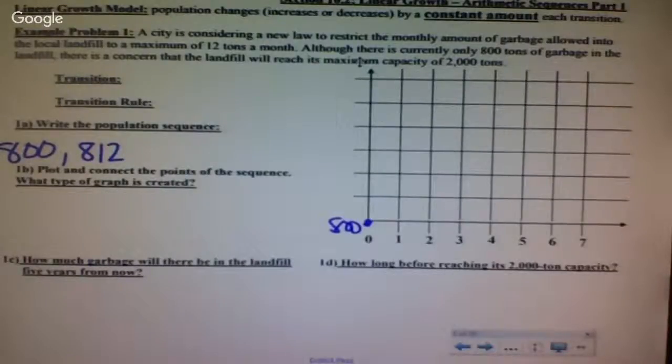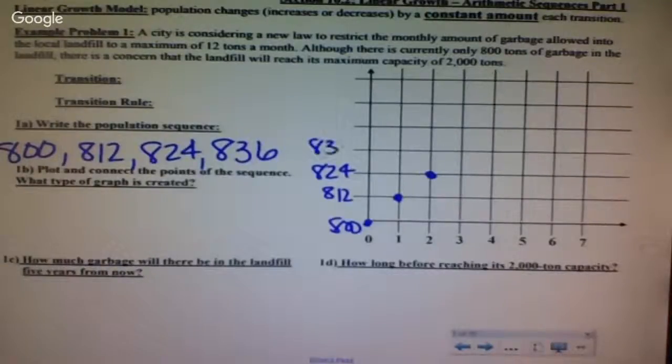So after a month, we're now up to 812. The next month, 824. Then 836. Okay, so if I were to draw that, that's what this would look like.